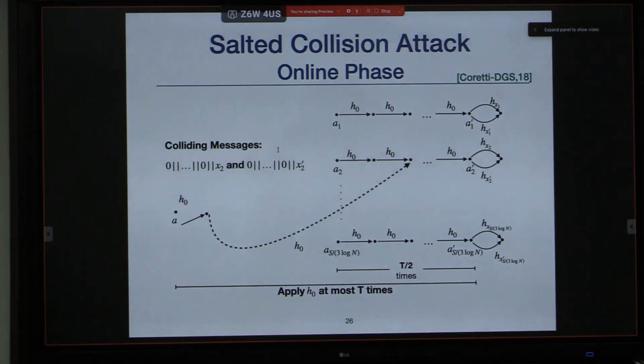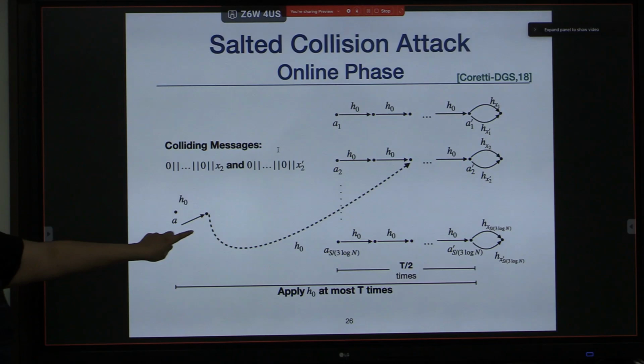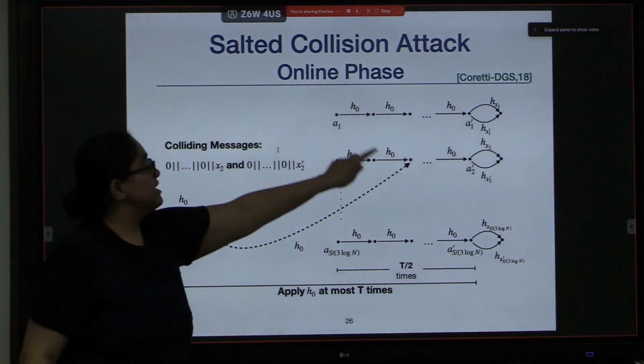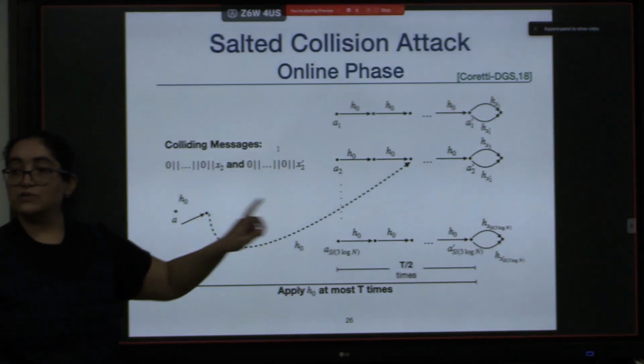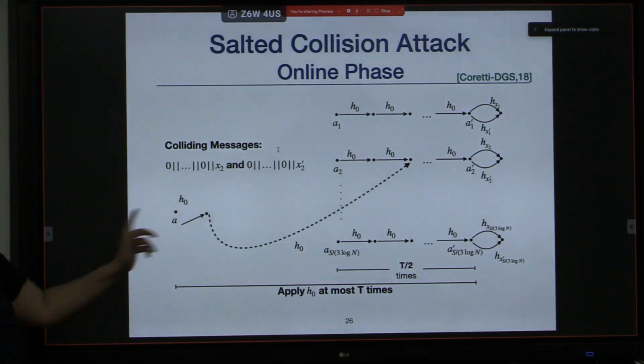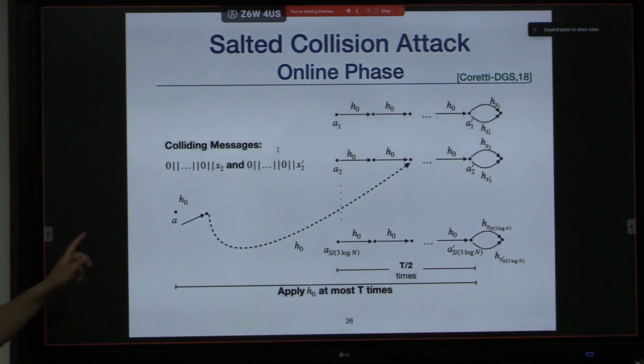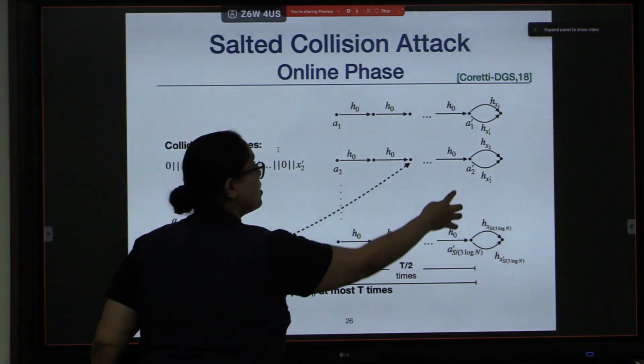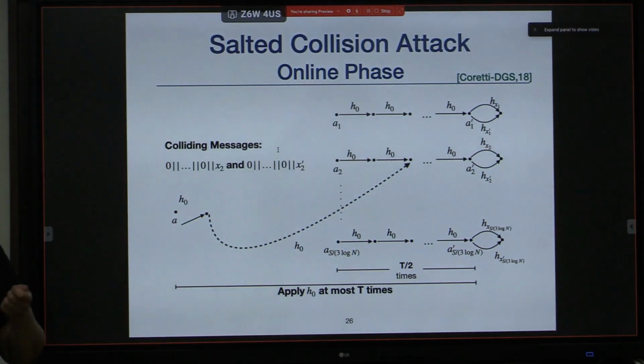Now if you analyze this attack, if in the first t over 2 queries, the adversary hits any of these salts that were found in the trails in the offline phase, then it will win, right? It will be able to reach this a prime salt, then from the advice it knows the collisions on these.